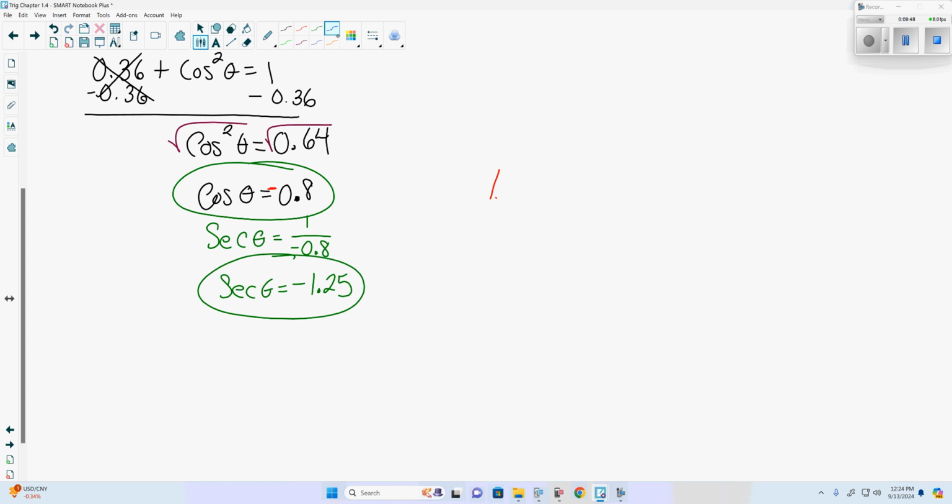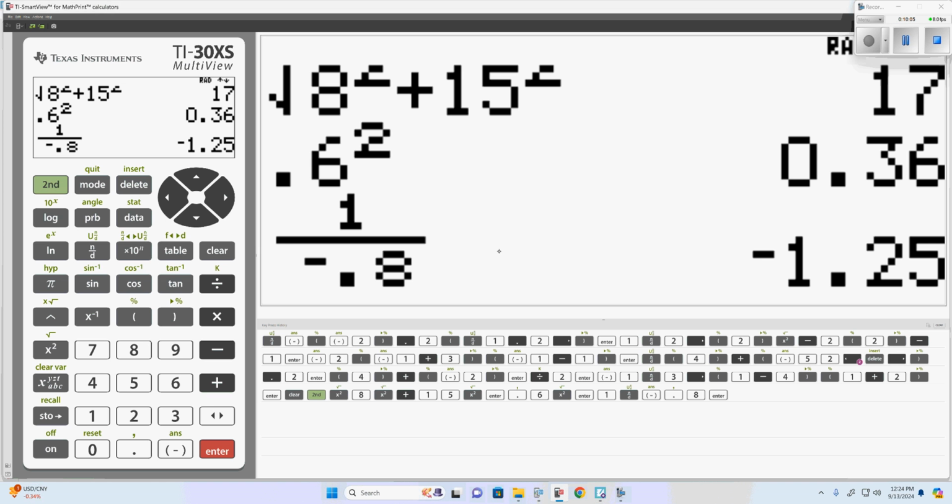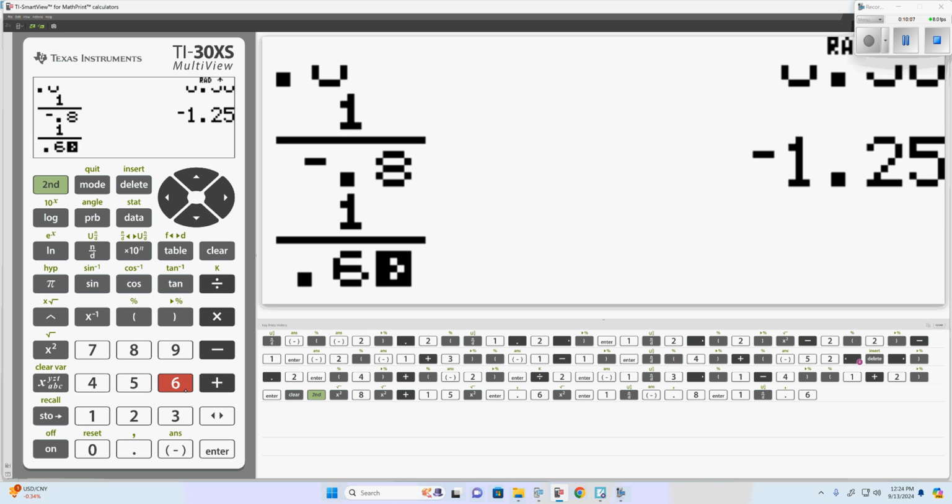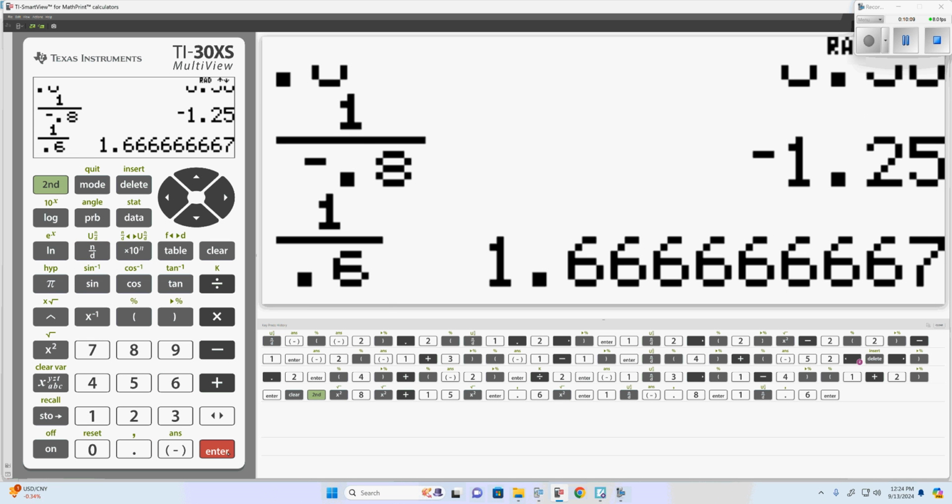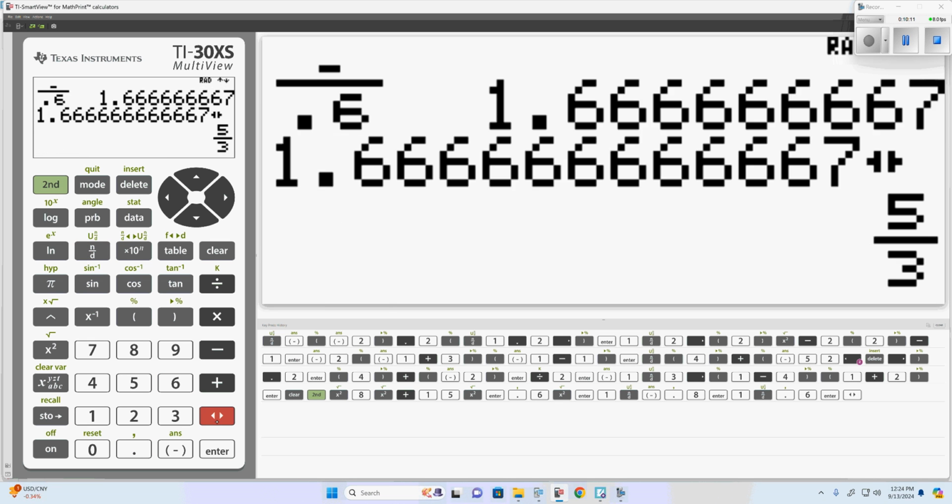We can also get cosecant, because cosecant is 1 over sine, so 1 over 0.6, 1.6 repeating.